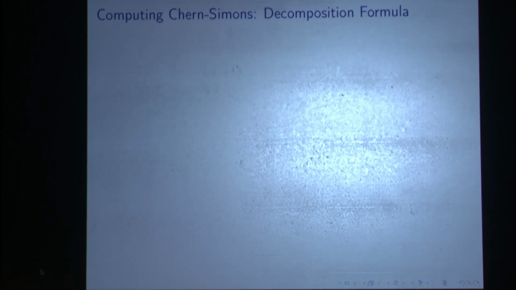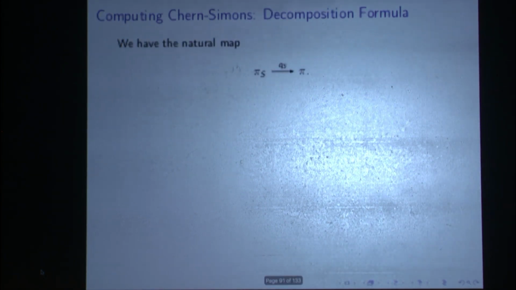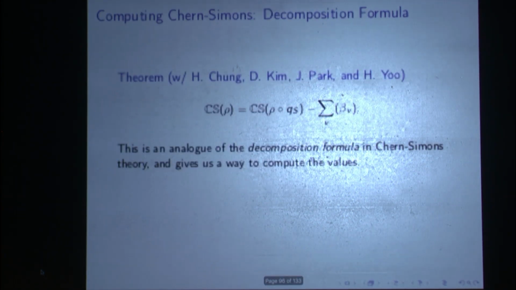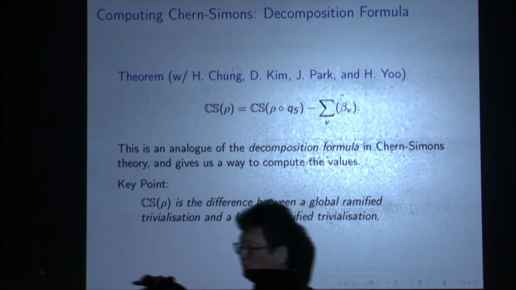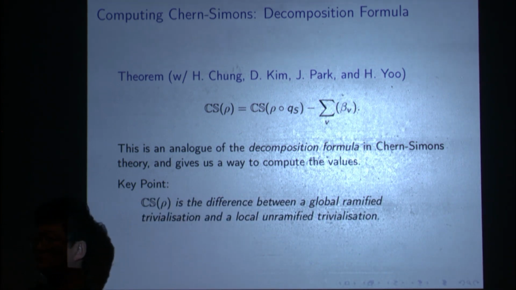Now, there's a decomposition formula, but maybe I'll skip that because you can prove it in exactly the same way you would do it for 3-manifolds. Usually, for the decomposition formula, you split a 3-manifold into pieces. But here, you really take all the primes and throw them in. So what you do is remove these primes in S. You can remove more if you want.